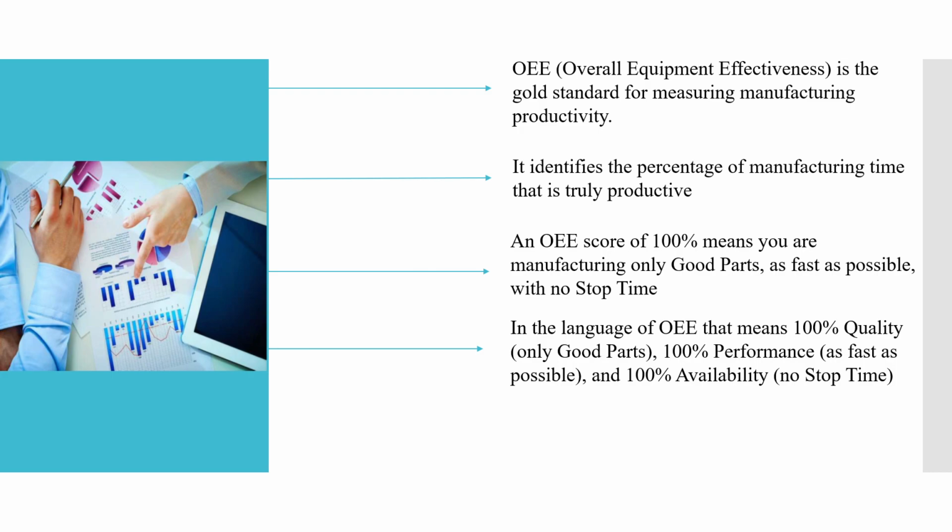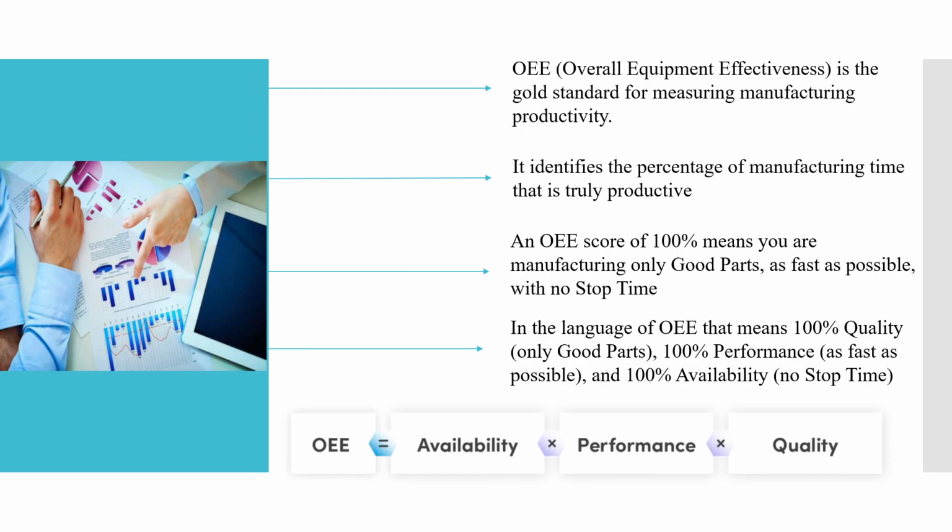We will study these 3 factors in detail in subsequent videos. This is the simple definition of OEE: OEE is equal to availability times performance times quality. This is the simple formula and meaning of OEE. Hope you understood, friends.